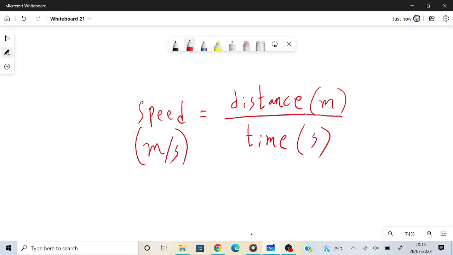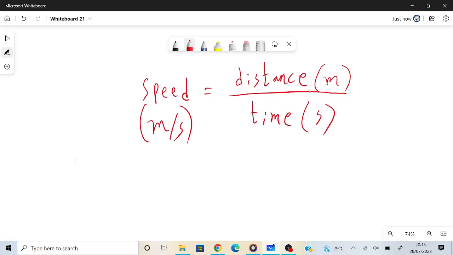However, the question can specify you to find the speed in another form, maybe kilometers per hour or meters per hour. It can all be specified in the question, but if it's not specified and the units are given in the SI units, then obviously you would use this formula as it is.